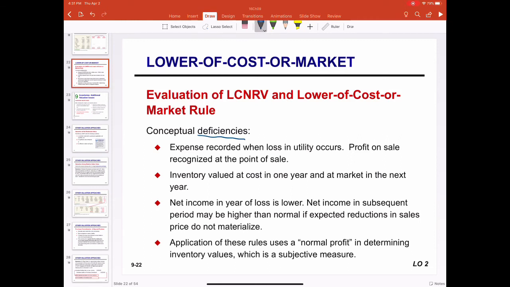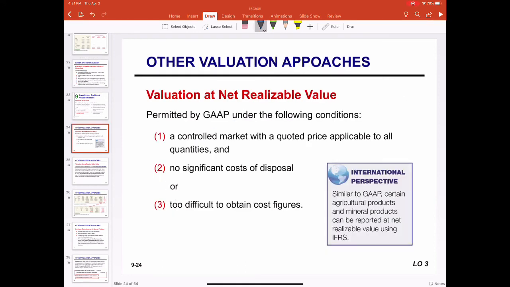So this is a list of the conceptual deficiencies. And when we use NRV to value inventory, it is also subject to some conditions. One is the quoted price is applicable, no significant cost of disposal, too difficult to obtain cost figures.